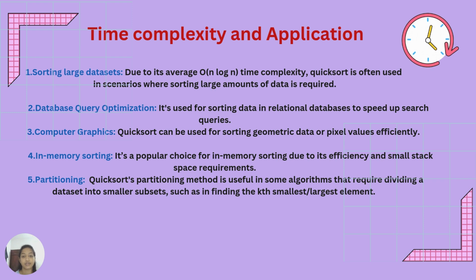It is used for sorting data in relational databases to speed up search queries. Third, computer graphics. Quicksort can be used for sorting geometric data or pixel values efficiently. Fourth, in-memory sorting. It is a popular choice for in-memory sorting due to its efficiency and small stack space required.